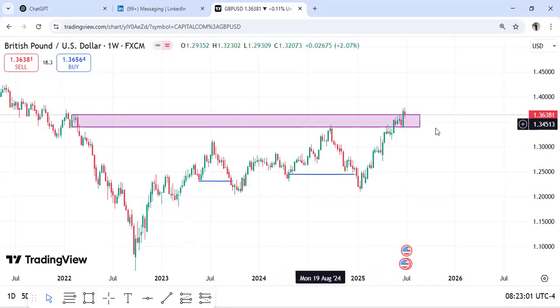Diving straight into the charts, forgetting plenty talk. Looking at this area, we are looking at a run on this other block on the weekly time frame.